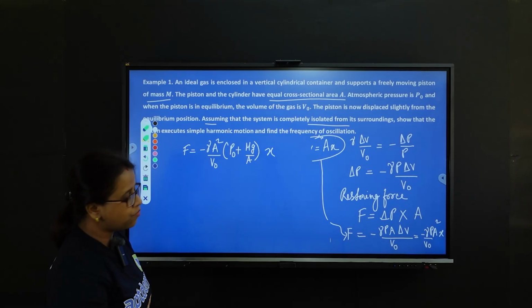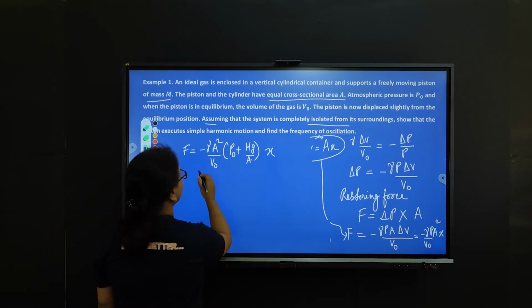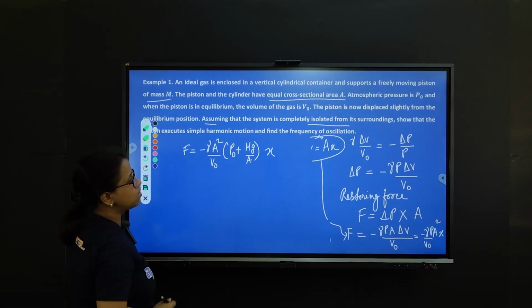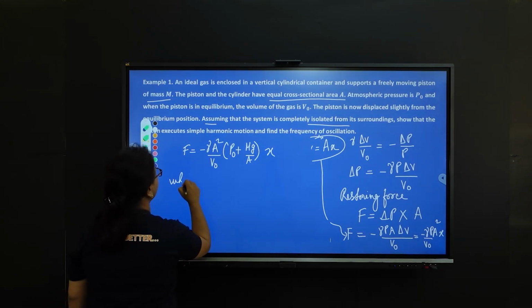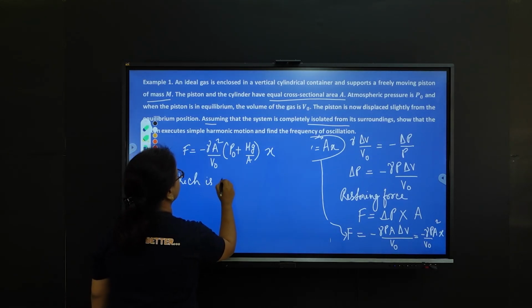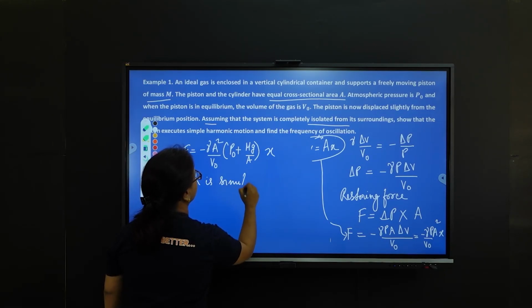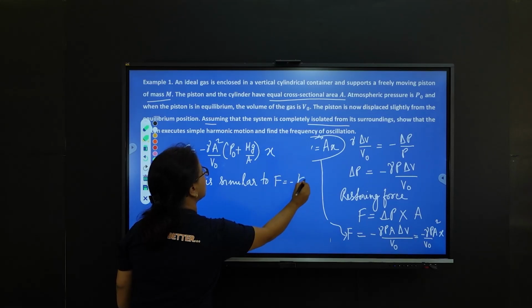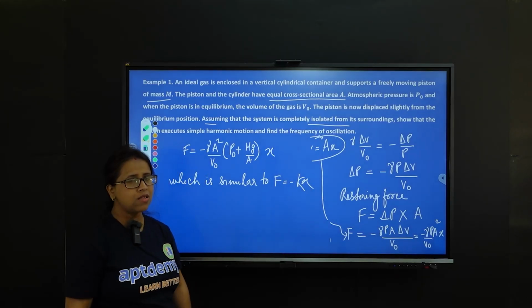So this is in fact a wonderful equation. Doesn't it resemble the equation F equal to minus kx? So yes, you are right.